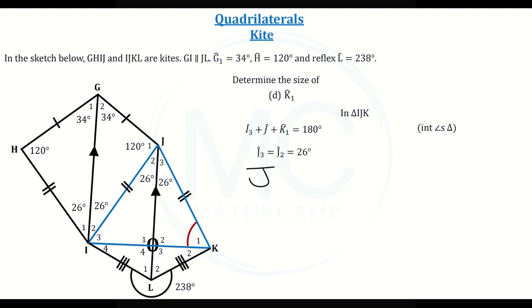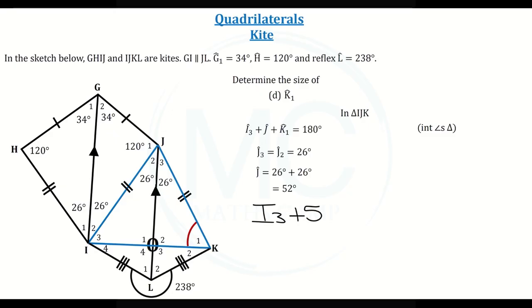So we can say angle J is equal to J3, 26 degrees, plus J2, 26 degrees, which gives us a total of 52 degrees.